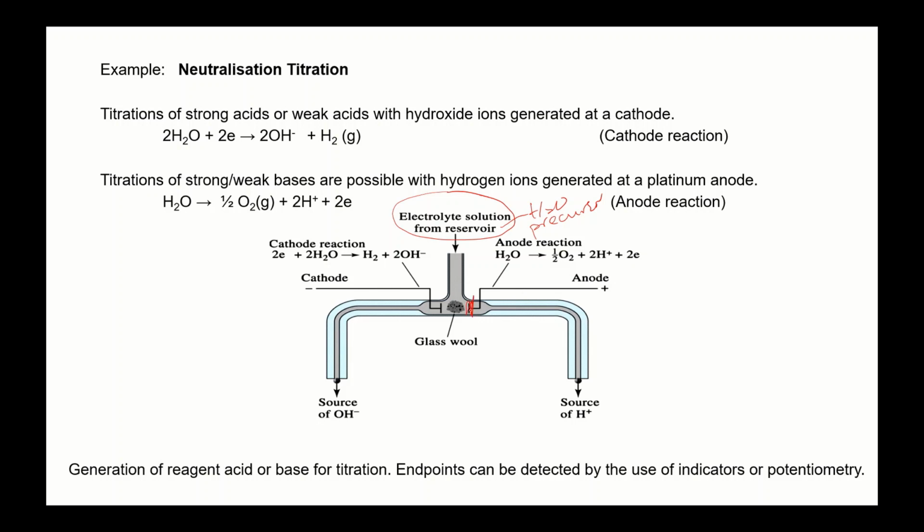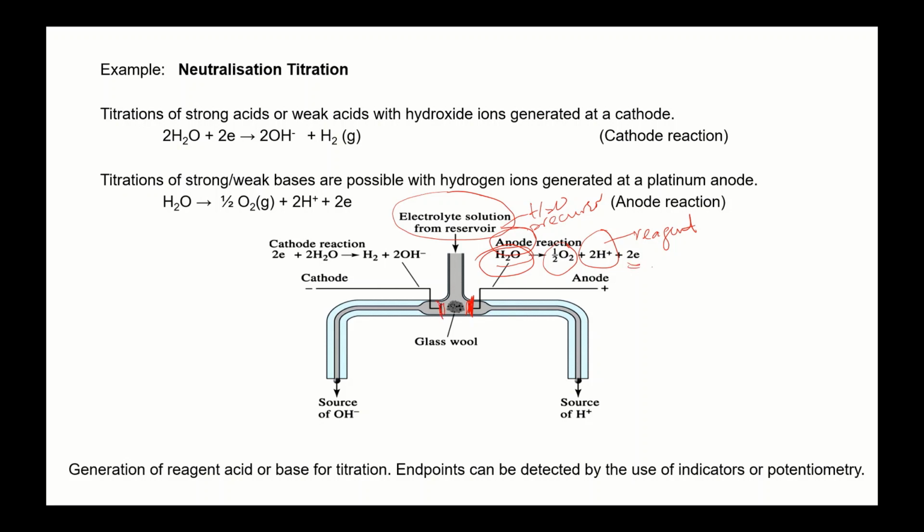This is the electrode, the anode. Water as precursor will oxidize to oxygen gas, and this is the reagent, the proton ion, at the anode, releasing 2 electrons.